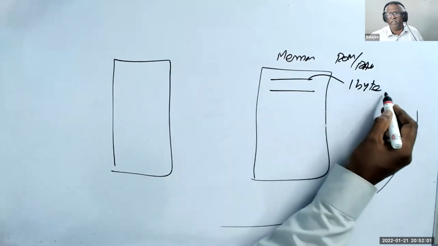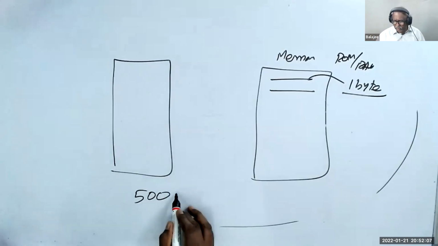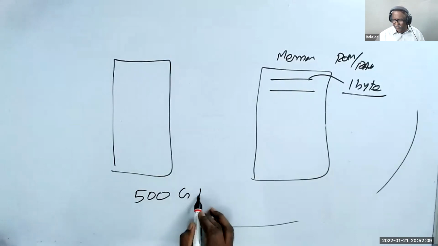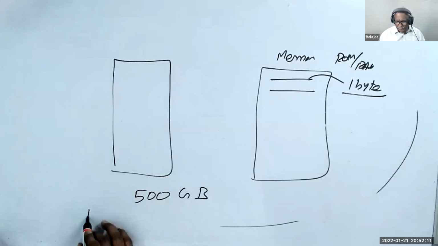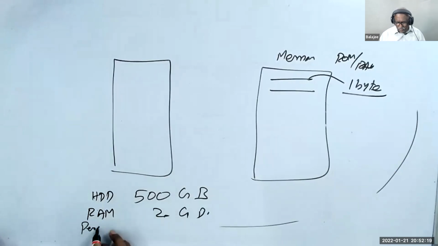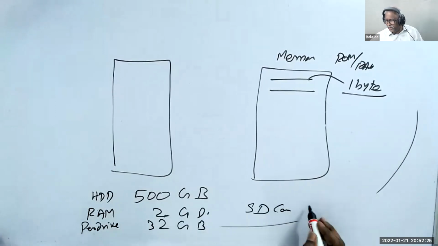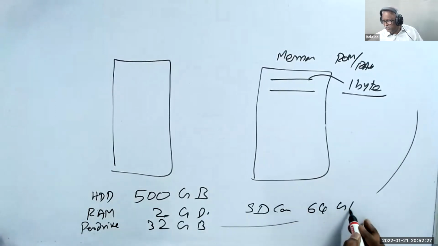That's why you always say my hard disk is 500 GB, my RAM is 2 GB, your pen drive is 32 GB, your SD card, you say 64 GB. We measure everything in bytes.